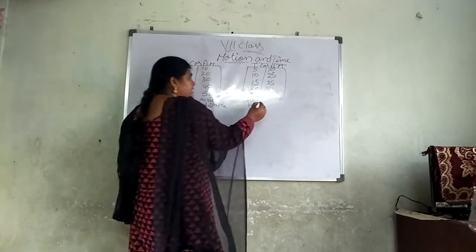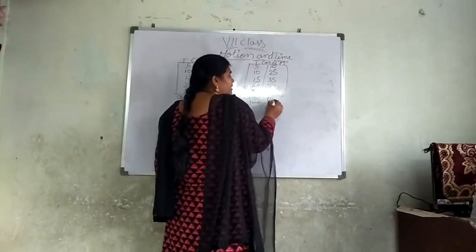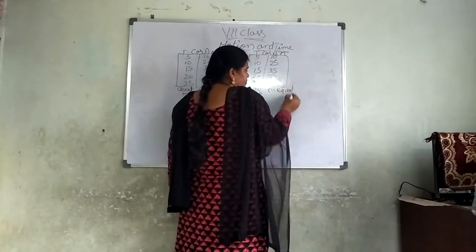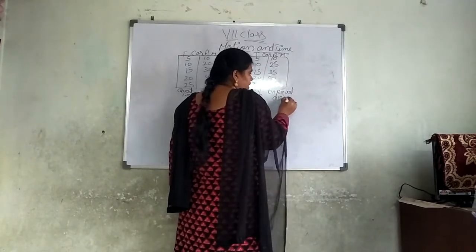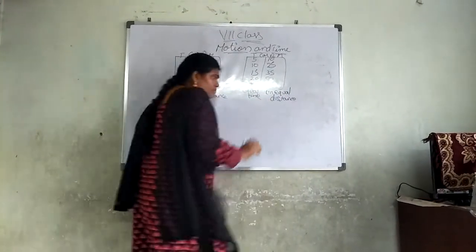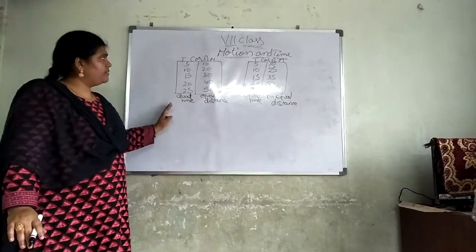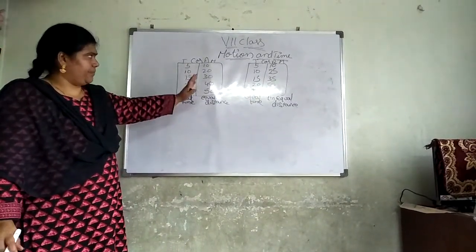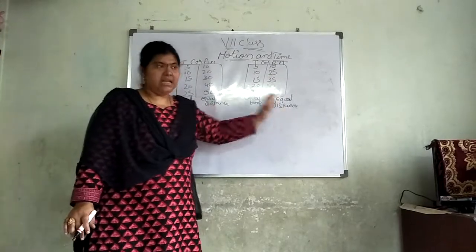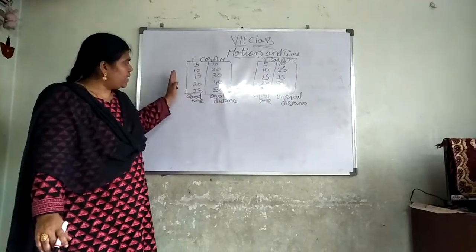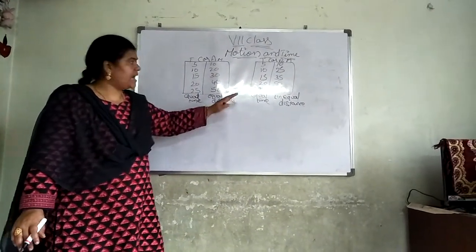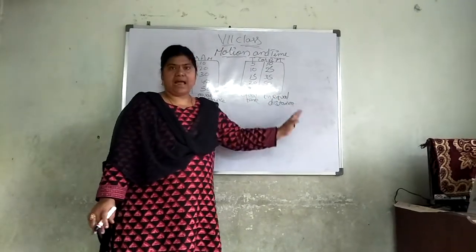So we can say that this is unequal distance. Car A: equal time, equal distance. Car B: equal time, unequal distance.